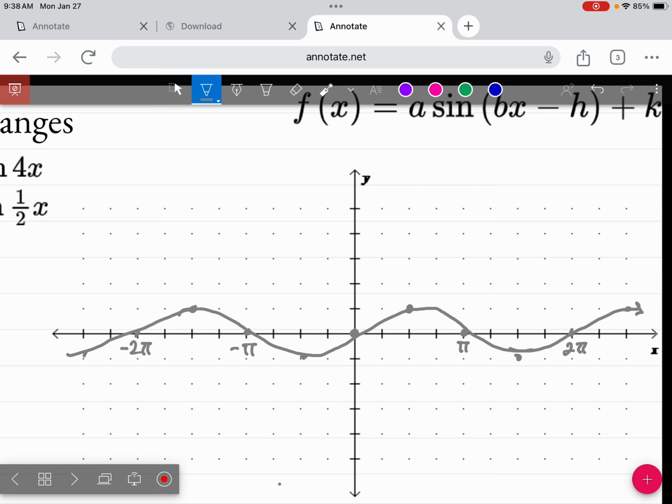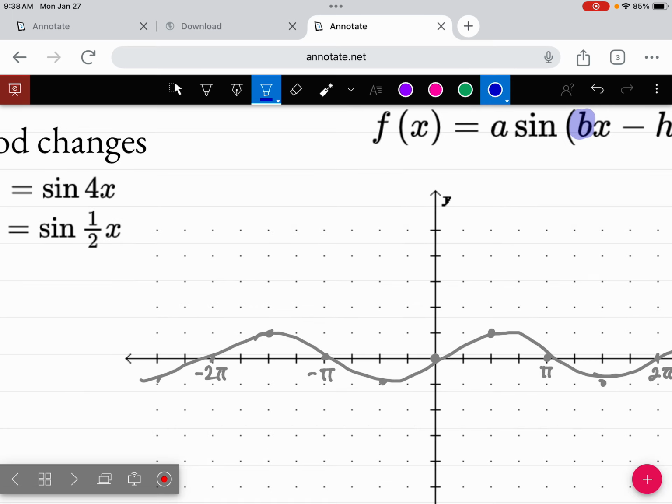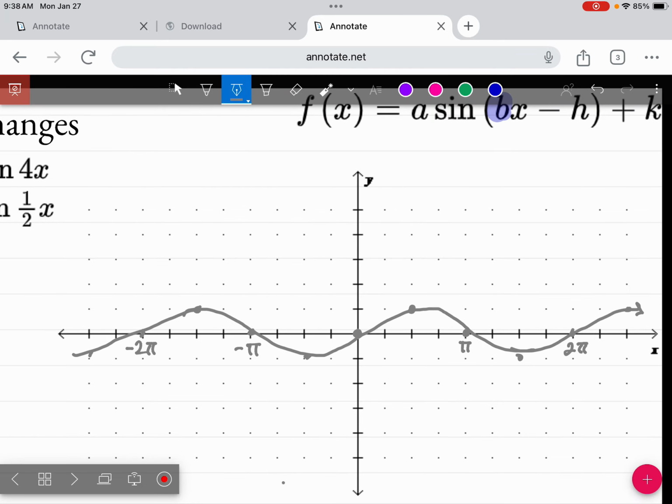So B, these pieces that are inside here, looking at this guy, B changes the period length. What it's going to do is take our normal period of 2 pi, where we started at 0 and got all the way over to 2 pi. This is the parent's period.